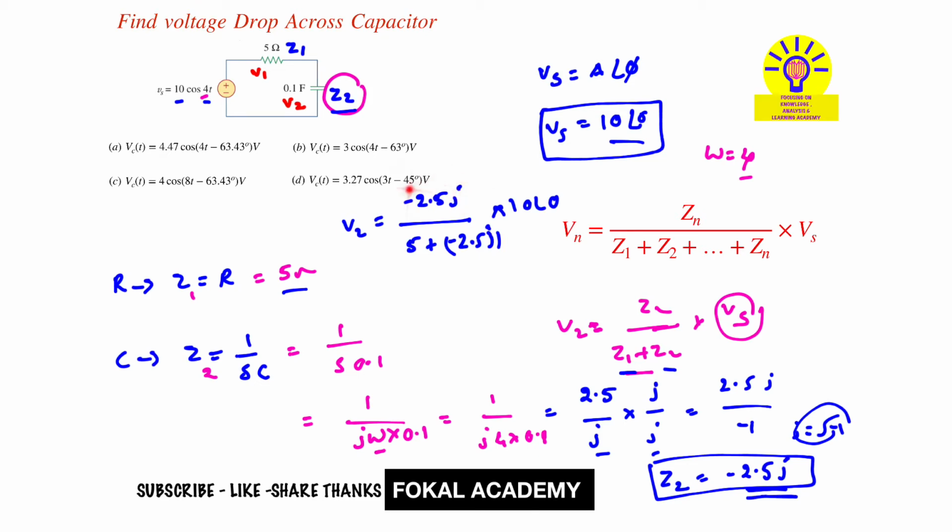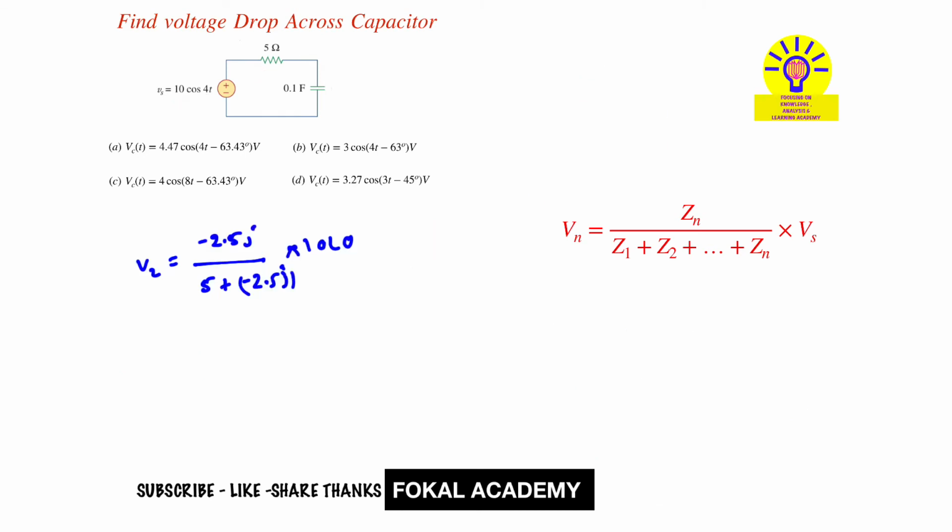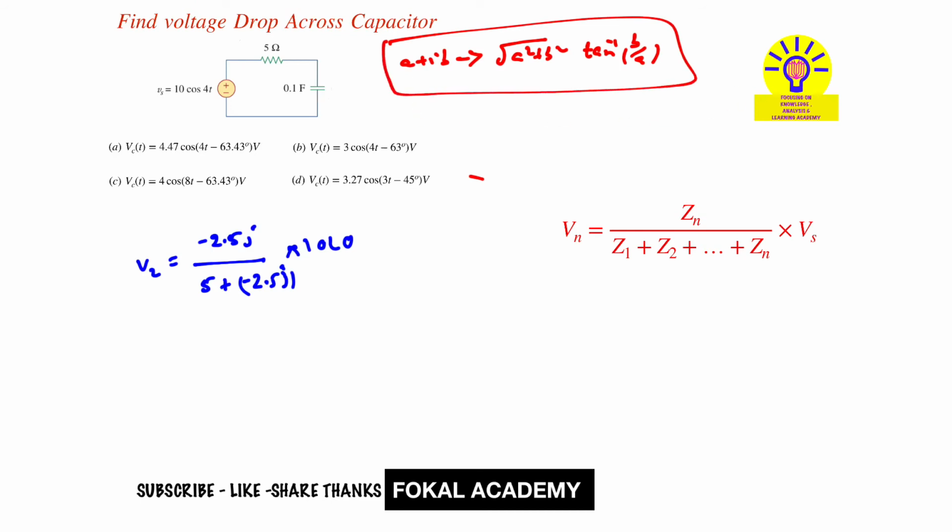Now in the numerator and denominator we have complex numbers. So for the simplification, first of all convert these complex numbers into phasor form. For a plus jb complex number, the polar form is: first find the magnitude, that is root of a square plus b square, and the phase angle is tan inverse of b by a. Now by applying this formula we will get the phasors in the numerator and denominator.